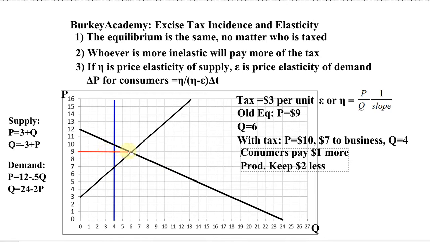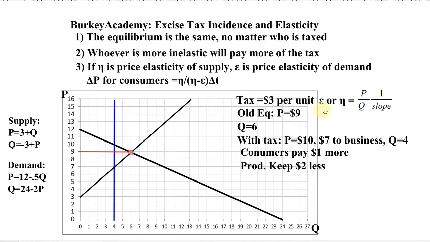It's that old equilibrium price of $9 and that old equilibrium quantity of 6 units. And so the only difference in the elasticity calculation between the supply elasticity and the demand elasticity with regards to price is going to be the slope of the demand curve or the slope of the supply curve. So let's calculate those two.